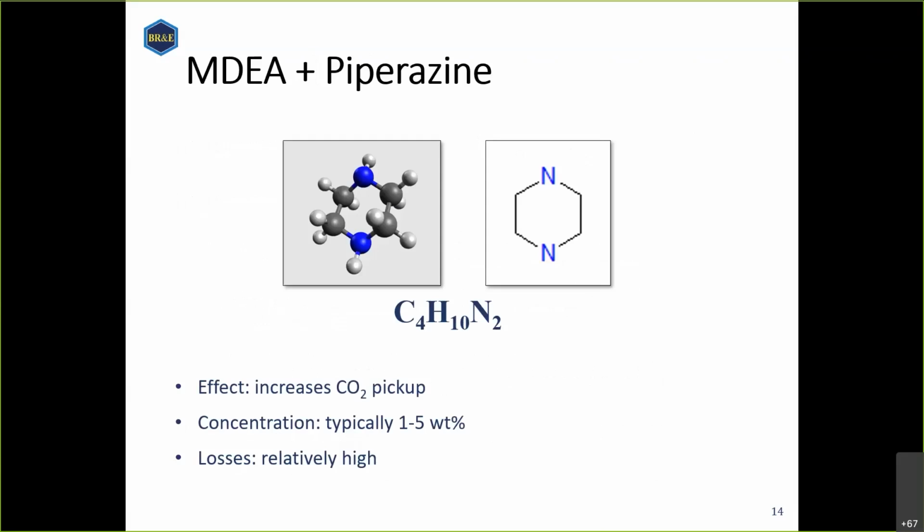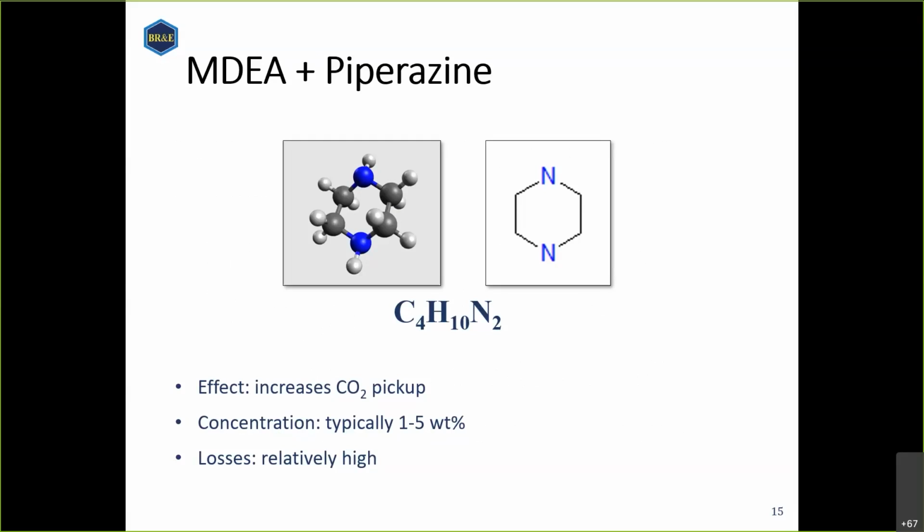The key example here is piperazine. This is the molecule that we really want to talk about today. Piperazine, when it's added to an MDEA solution, hugely increases CO2 pickup. It's typically used at a low concentration, about 1 to 5 weight percent. One thing you do have to watch out for is that it is more volatile than MDEA, so losses can be high. A lot of times you'll need a water wash on your absorber to help minimize losses.